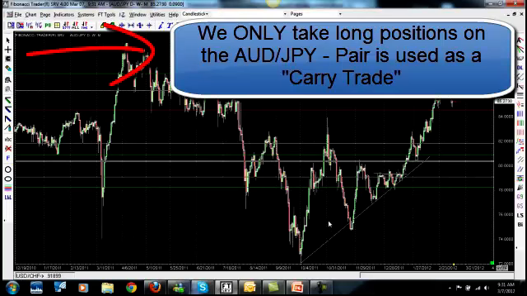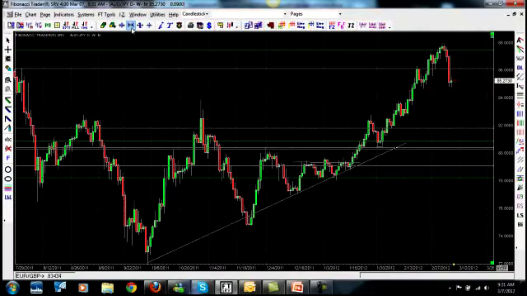But long term, there are what we call overnight interest rate differentials that many Forex brokers pay. And you see that, like up here, this is the Aussie yen, right? Now, when we buy this pair, we're buying Aussie dollars and selling yen. Now, here's the thing. The Australian dollar has one of the highest overnight interest rate payments.